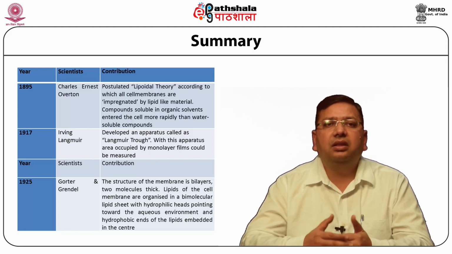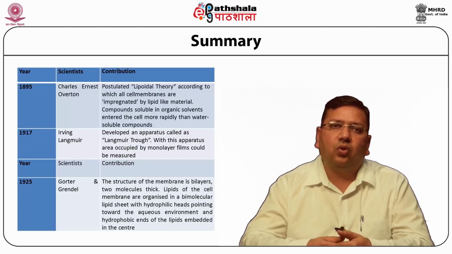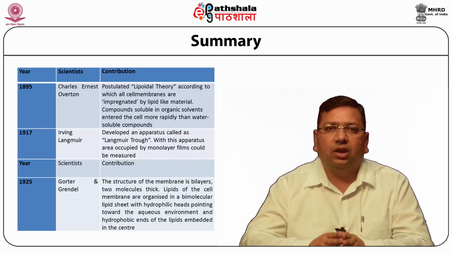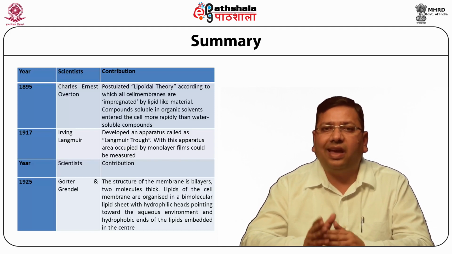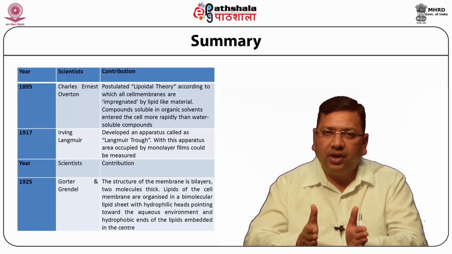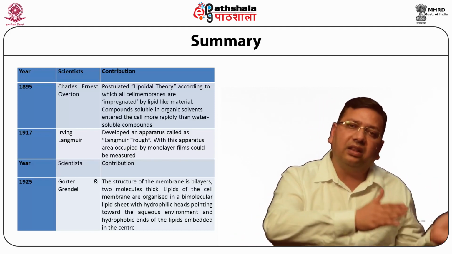And then in 1925, Gorter and Grendel proposed a cell membrane in which the structure of membrane is bilayer, two molecules thick. Lipids of the cell membrane are organized in a bimolecular lipid sheet with the hydrophilic heads pointing towards the aqueous environment and the hydrophobic ends of the lipids embedded in the center.